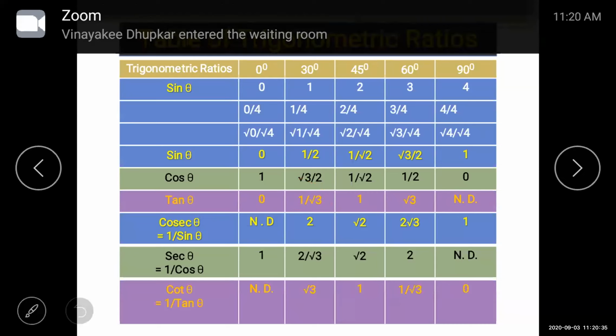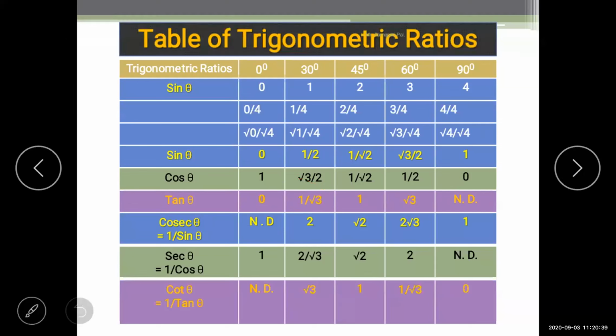Next, tan 45 degrees is equal to 1. So when we reverse, we will also get 1. So cot 45 is equal to 1. Tan 60 degrees is equal to root 3. And when we reverse it, we get cot 60 degrees is equal to 1 upon root 3.